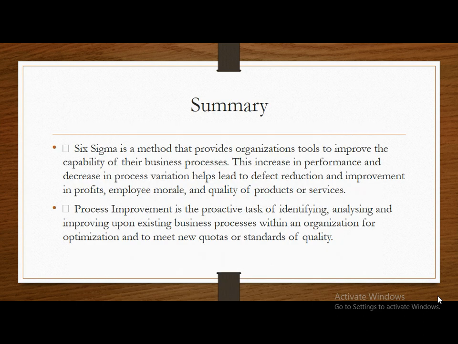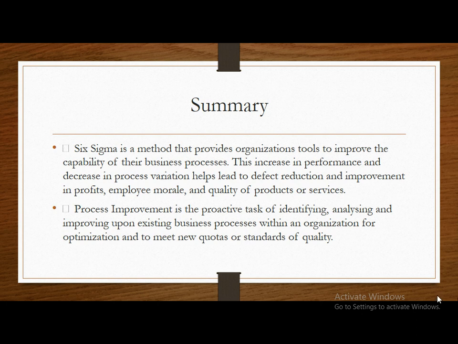So we are moving to the last part, that is the summary for this particular chapter. Six Sigma is a method that provides organizations tools to improve the capability of their business processes. This increase in performance and decrease in process variation helps lead to defect reduction and improvement in profit, employee morale, and quality of products and services.